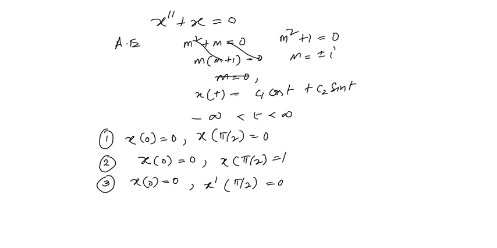We note that the two conditions are given at two different points, namely t is equal to 0 and t is equal to pi by 2.